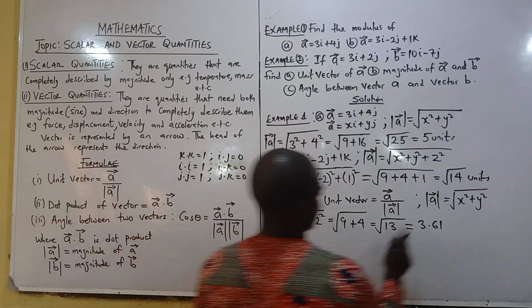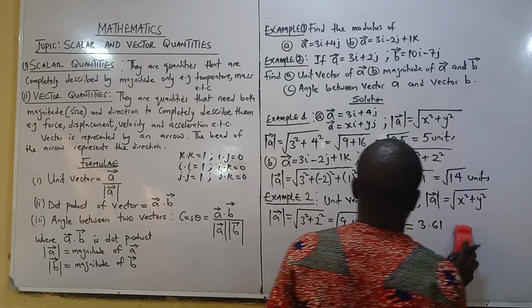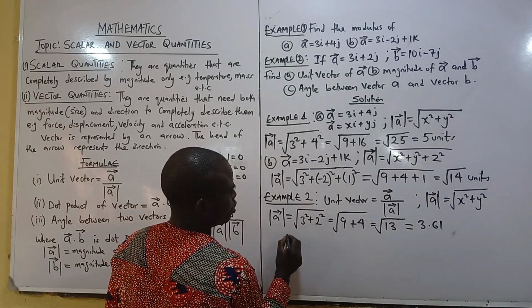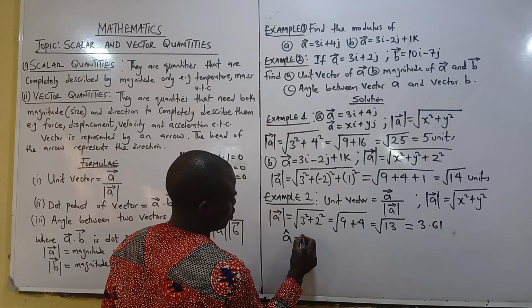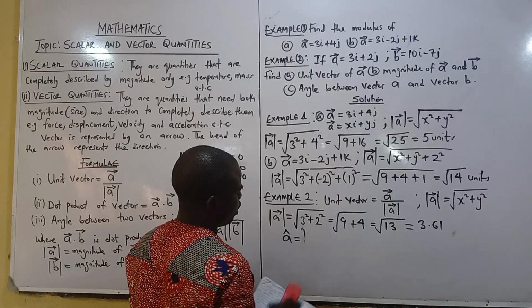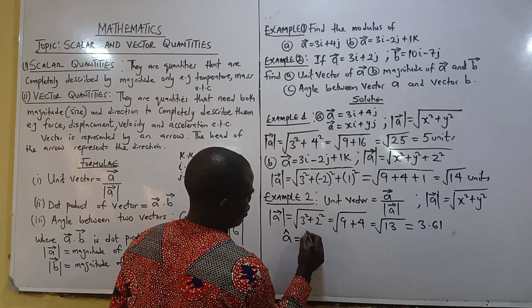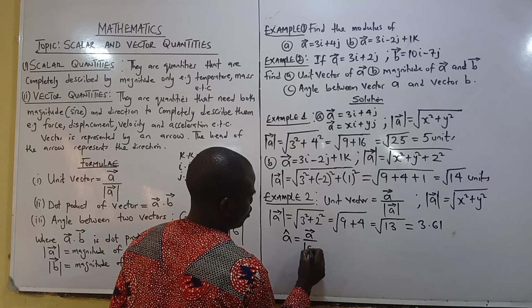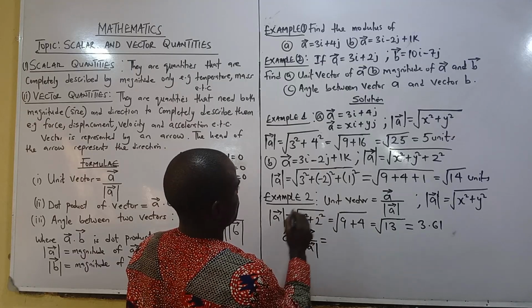Now let's look for the unit vector of A. We use this symbol to represent the unit vector of A, which equals vector A over the modulus of vector A. What's vector A?